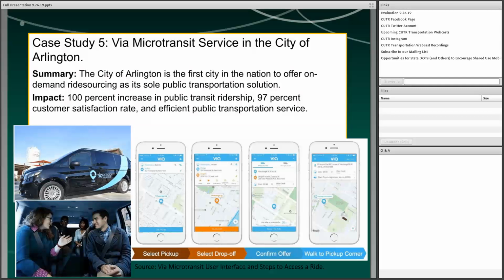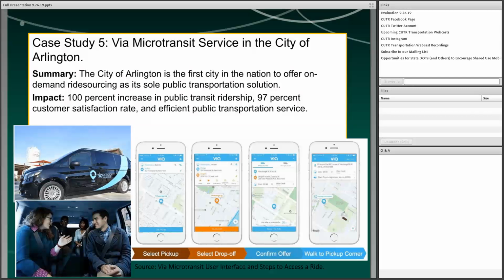Via also has an option to purchase a weekly pass of $15, which allows them to take up to 4 rides each day. And in Arlington, it also has a wheelchair accessible service called HandyTran. HandyTran is an already existing door-to-door transportation service for elders and persons with disabilities, and it is still available to users along with Via operations.